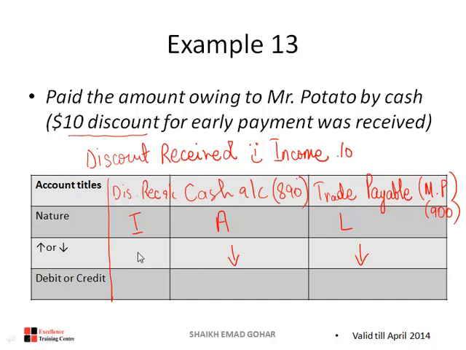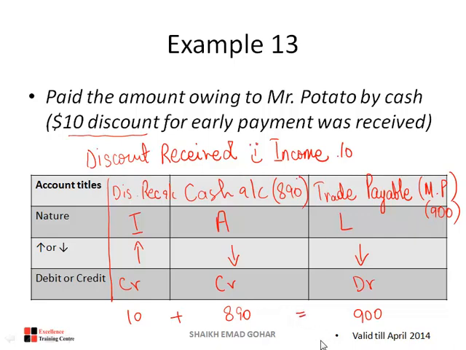My happiness is increasing or decreasing? Increasing. Income is increasing. Done. Whenever income increases, it is credit. Liability decrease is debit. So see, debit is for 900. Credit, this one is for 890 because I am paying 890, and income is for 10. So 10 plus 890, how much?